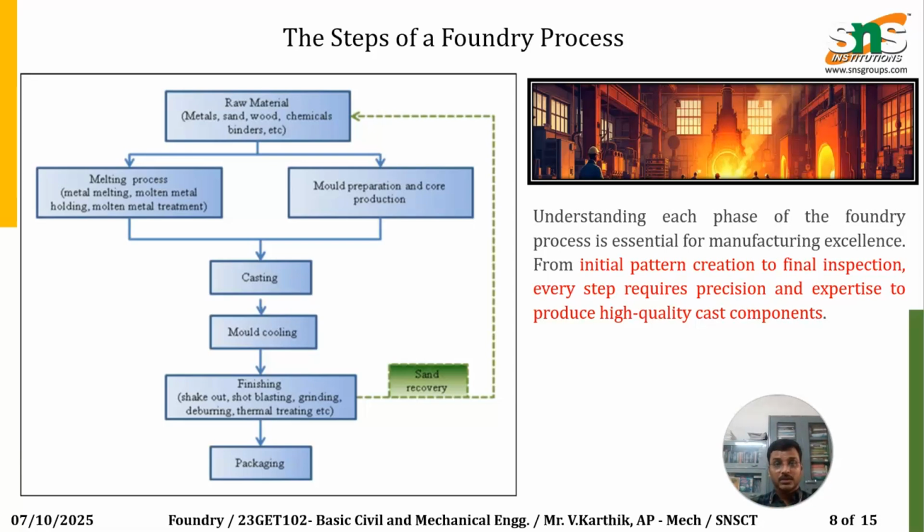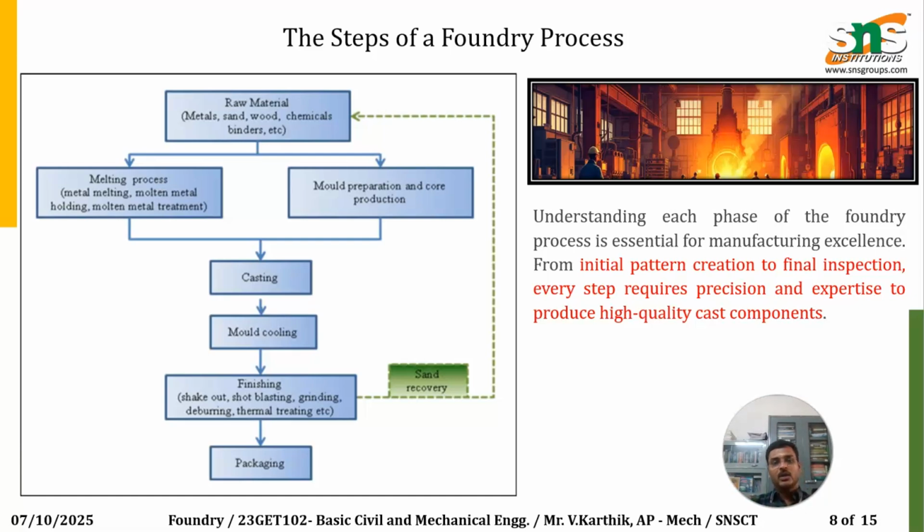As a step in the foundry operations, the raw material may be metal, sand, wood, chemicals, whatever we use in the foundry as a raw material. And then the melting process: the metal is melted into a molten state and poured into the mold to make a component. Mold preparation and core production, we have cope and drag operations to shape that liquid metal.